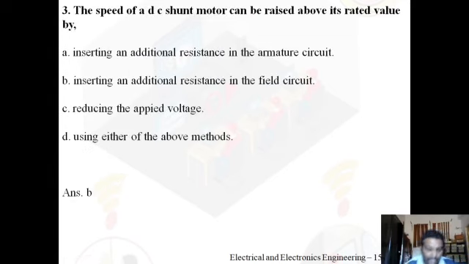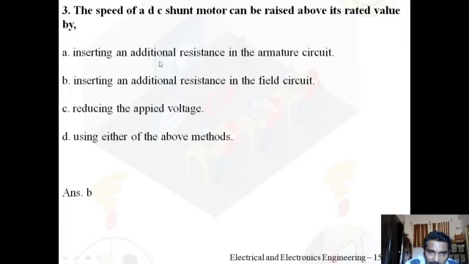The speed of a DC shunt motor can be raised above its rated value by inserting an additional resistance in the field circuit. Above the rated value is nothing but the flux control method, so option B you can consider. By inserting additional resistance in the field circuit, the speed above the rated value can be achieved.